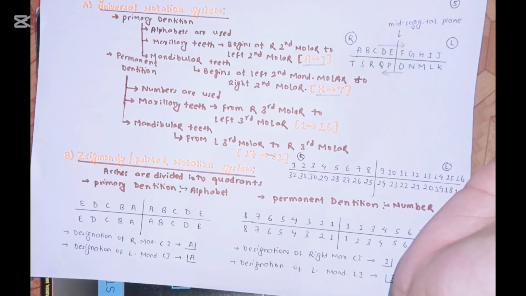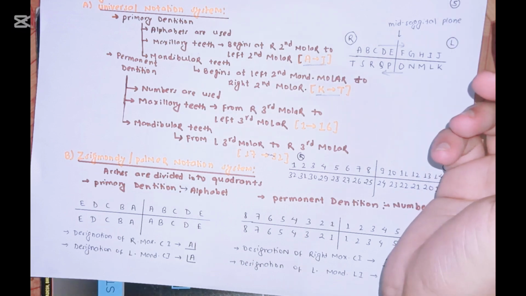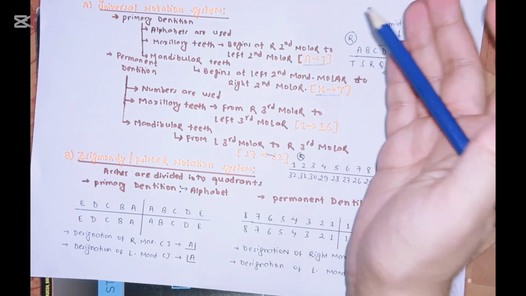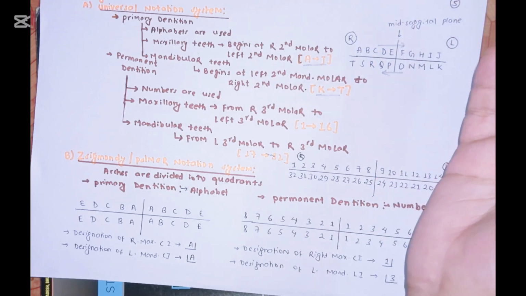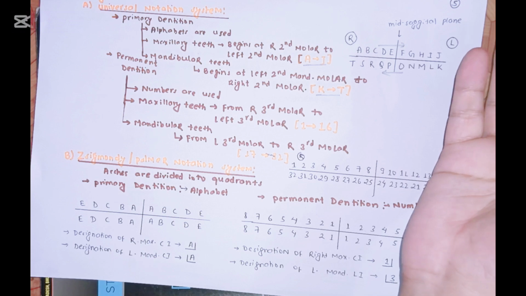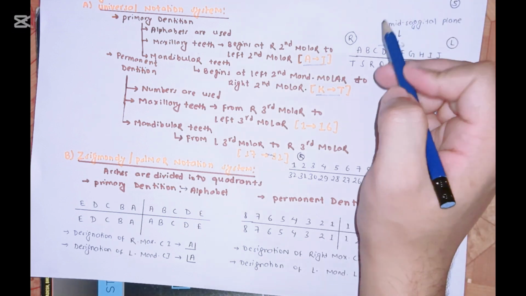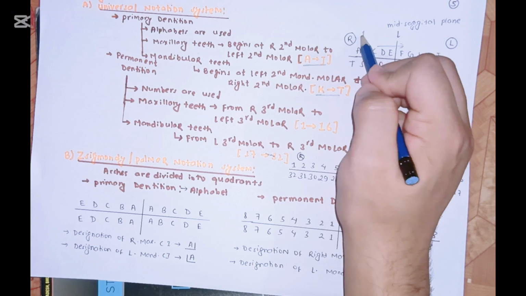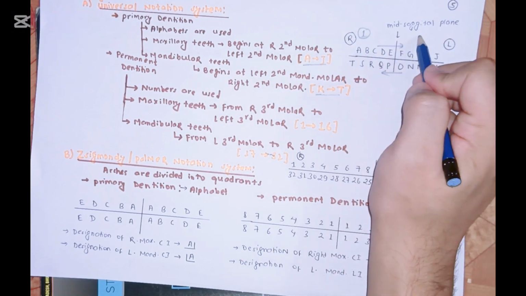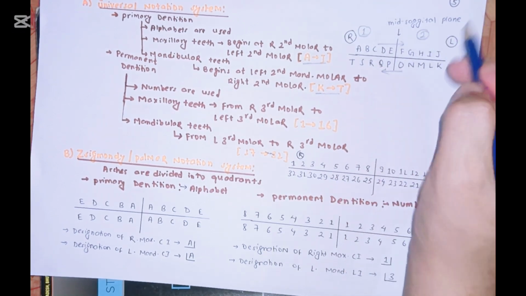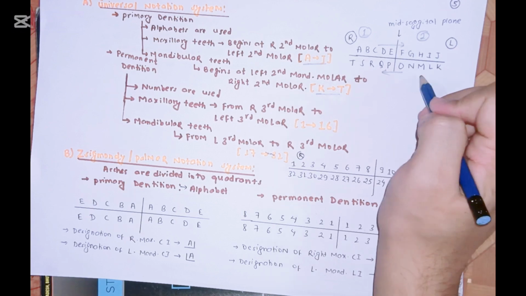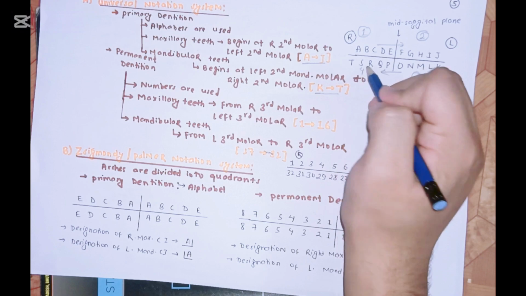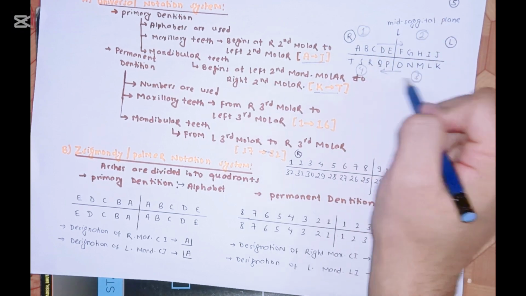Also, I want to clear up something many people may have trouble with: which is the first quadrant, and which are the second, third and fourth quadrants. The right maxillary quadrant is the first quadrant. Similarly, the left maxillary quadrant is the second quadrant, the left mandibular quadrant is the third quadrant, and the right mandibular quadrant is the fourth quadrant. So it goes in this pattern.